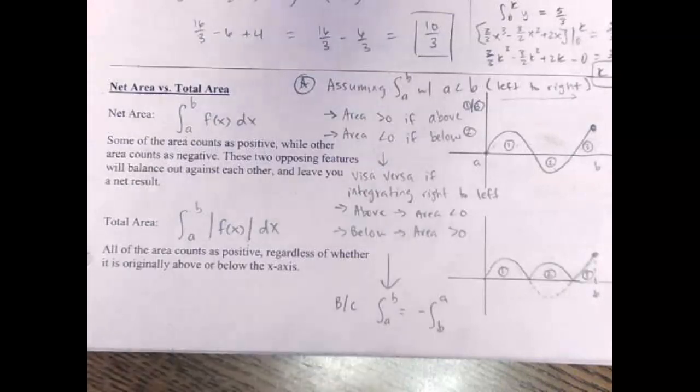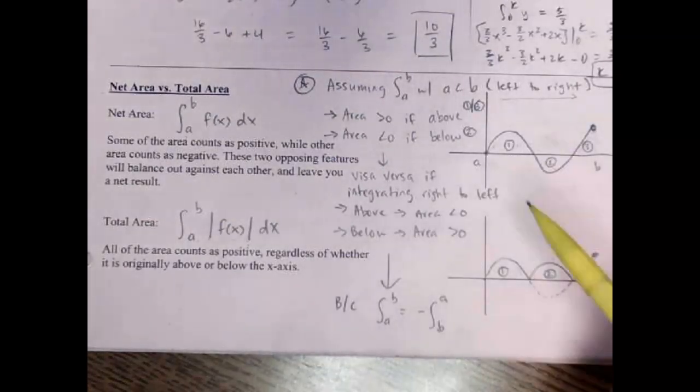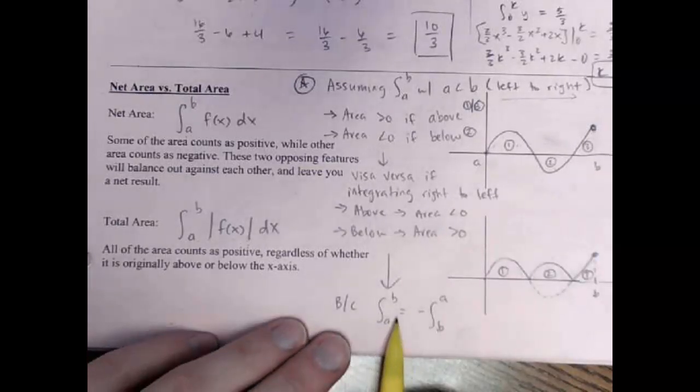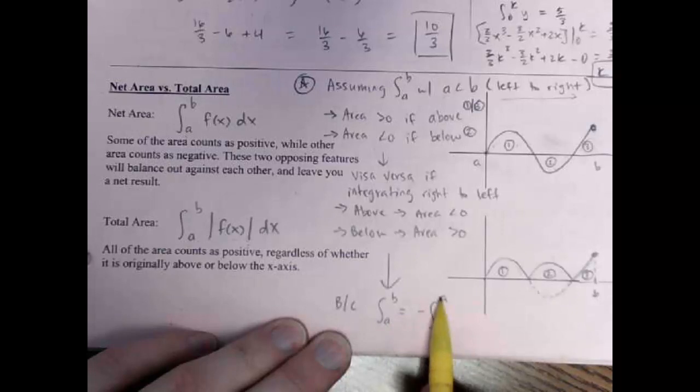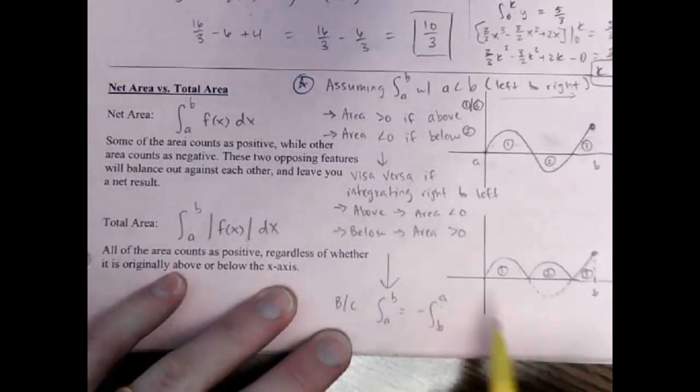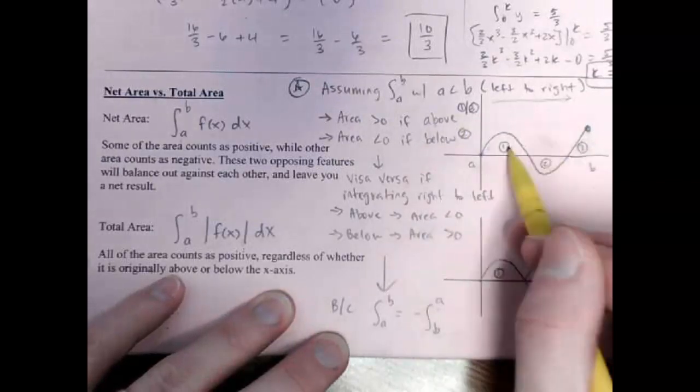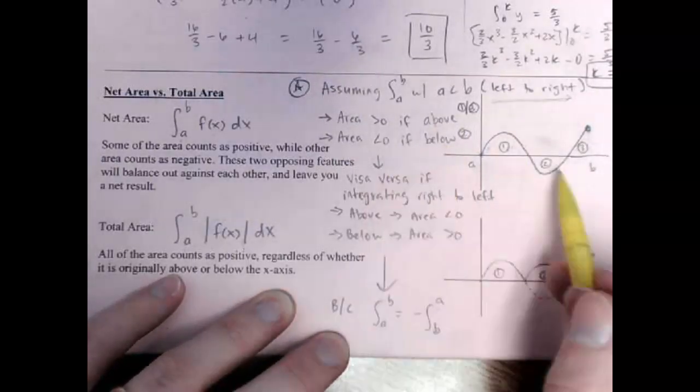By the way, if we have this property, remember, if I switch the order of integration, a to b is the same thing as the negative integration from b to a. So when I'm integrating from left to right, the stuff above counts as positive, the stuff below counts as negative.